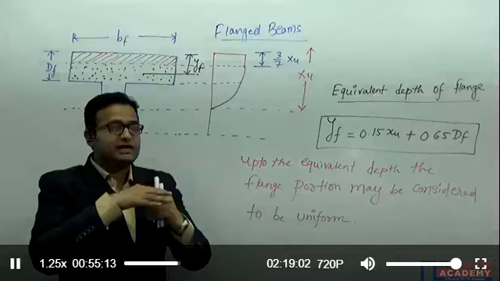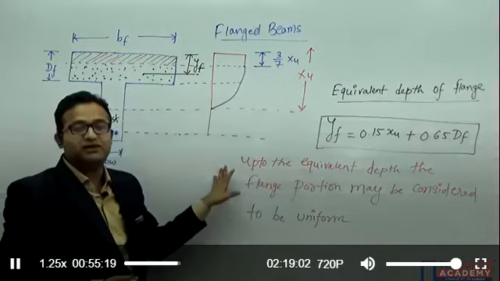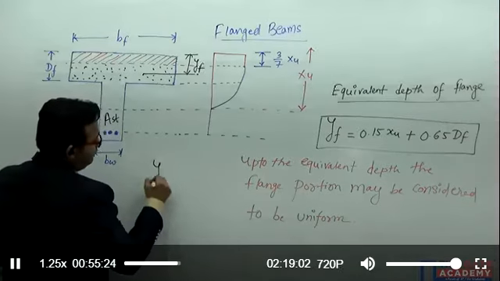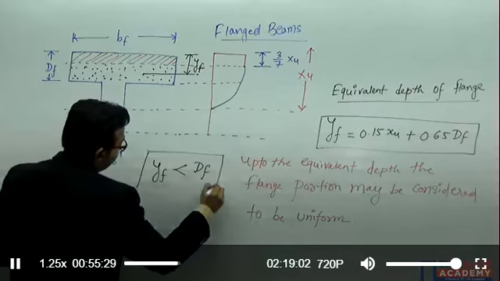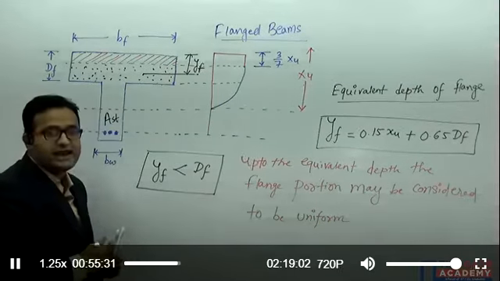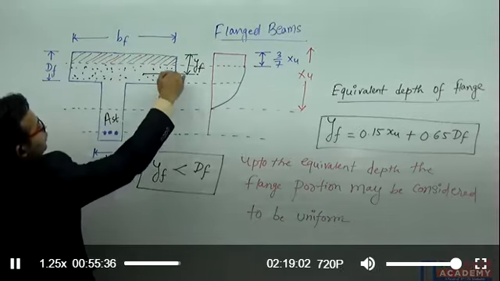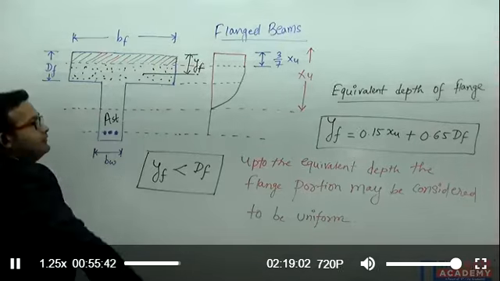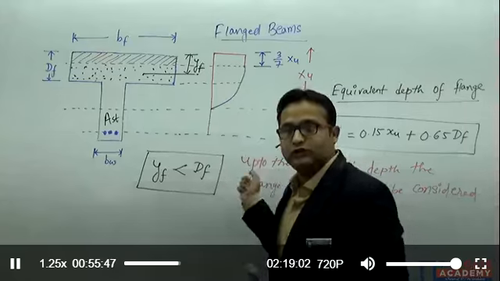In between this, I will be considering one depth, that is YF, for which I can consider my stresses to be uniformly distributed, and definitely your YF will be less than DF. That's why I have drawn up to here only. And up to this is the total DF and this is your YF. And up to the YF, I consider my stresses to be uniformly stressed. Please note down this.